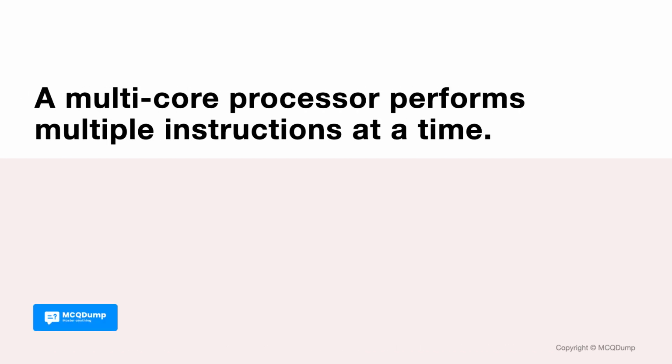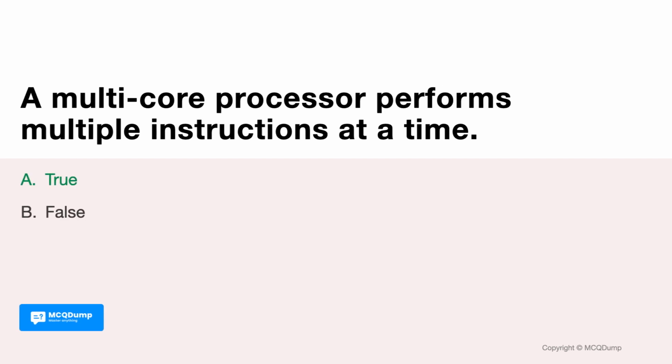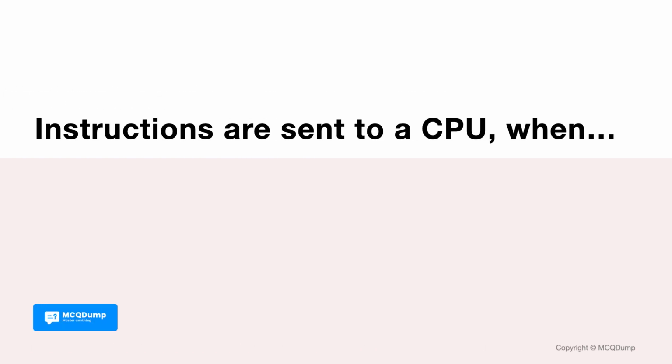A multi-core processor performs multiple instructions at a time. True or false? It's true. A multi-core processor performs multiple instructions at a time. Instructions are sent to a CPU when.